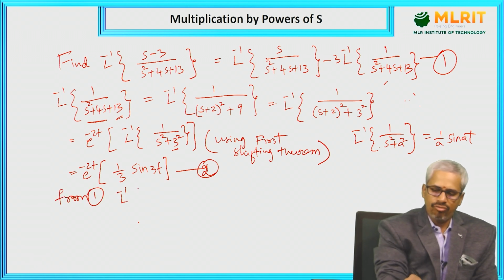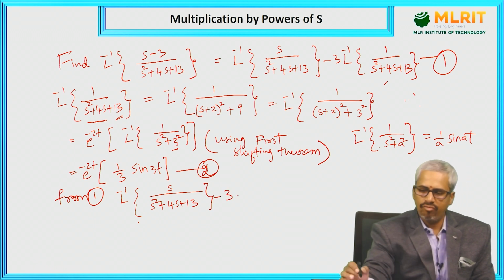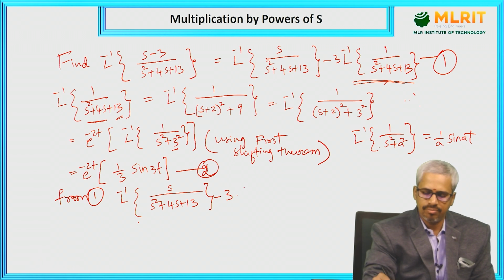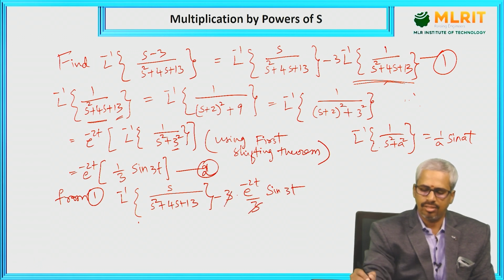L inverse of s by s square plus 4s plus 13 minus 3 times L inverse of 1 by s square plus 4s plus 13 can be written as e power minus 2t by 3 sin 3t. So, 3 gets cancelled.